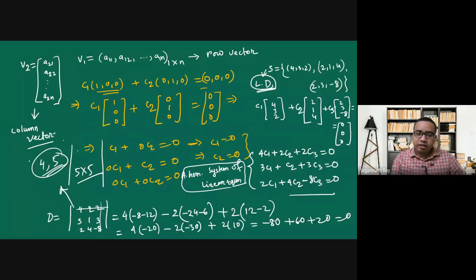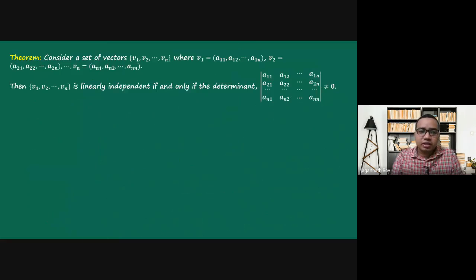So by definition we can go and check whether it is linearly dependent or not. Now there is another shortcut method. It is actually a theorem. Consider a set of vectors S given like this: V1, V2, up to Vn, where each Vi is an n-tuple having n components.